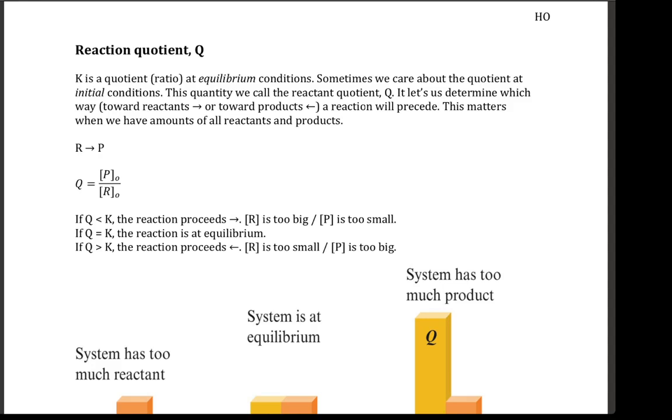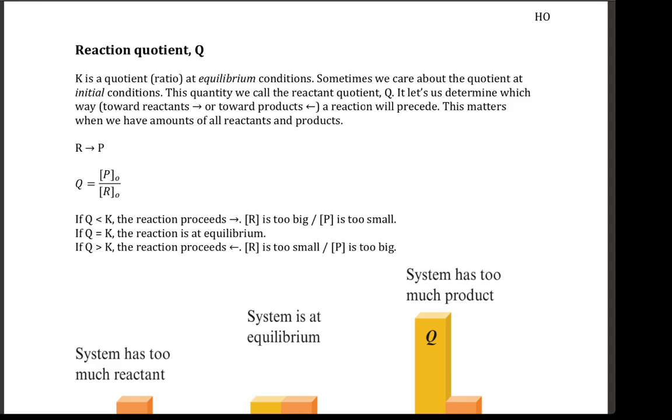If we're given amounts of all reactants and products, we might not be able to just look at those and determine whether the reaction proceeds in the forward or reverse direction to achieve equilibrium. If we calculate the Q value and compare Q to K, then we can know which way the reaction will go to achieve equilibrium.